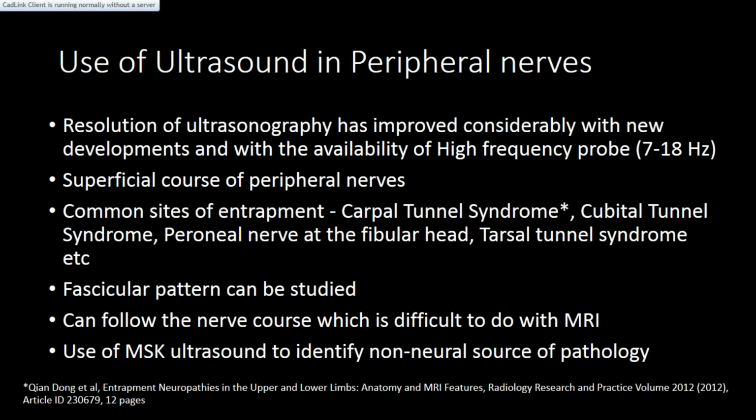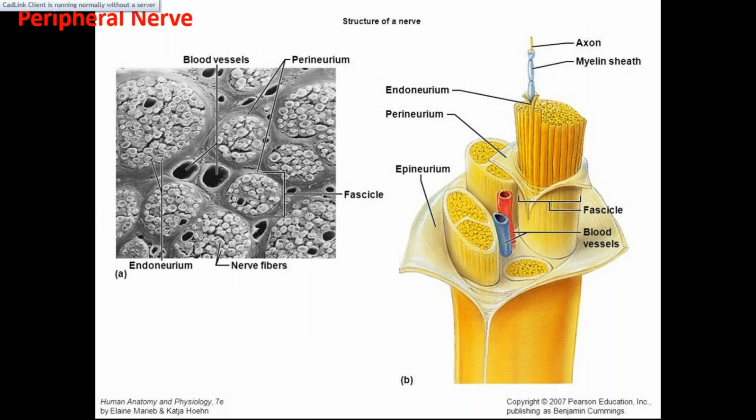Other than looking at the nerve, with real-time ultrasound imaging, we can also look at the surrounding structures which can be a potential source of pathology. And I have some case examples that will make this point much more clear.